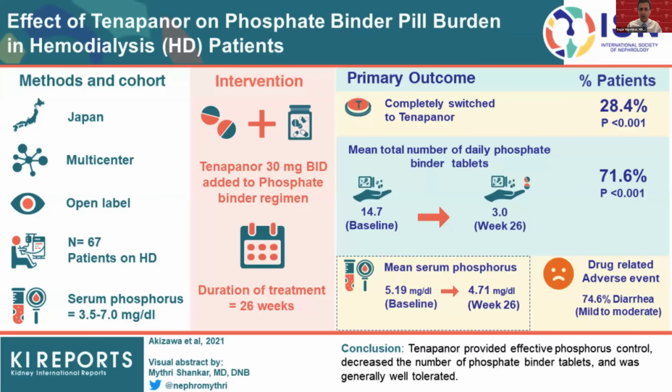And if you focus your attention to the right side of this visual abstract, in the middle part, where we describe the mean total number of daily phosphate binder tablets, there was a substantial reduction from an average pill burden of around 15 pills per day at baseline to now down to around 3 pills at the 26-week follow-up. So that was quite striking to me, considering how important pill burden can be for our dialysis patients. Next slide.